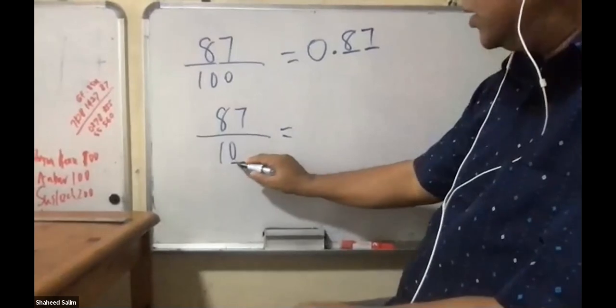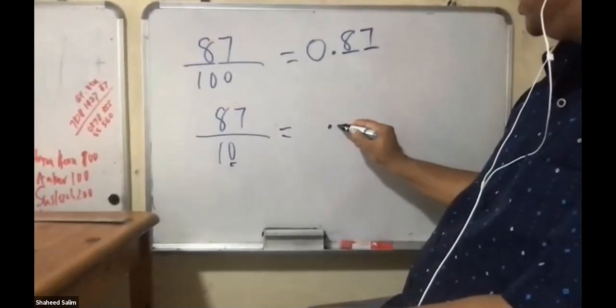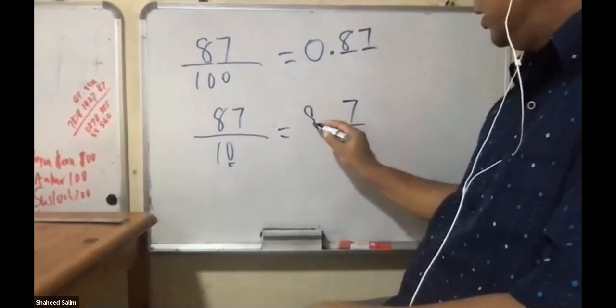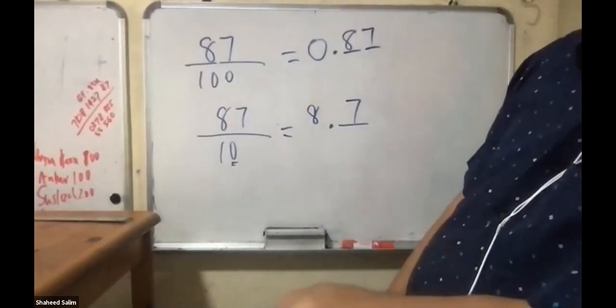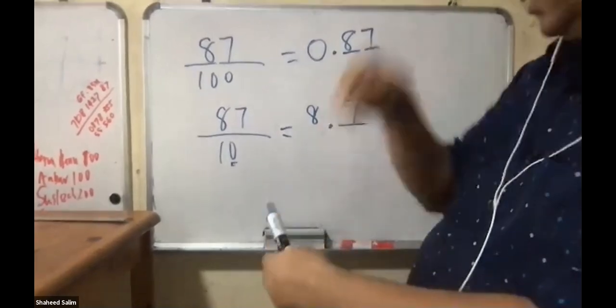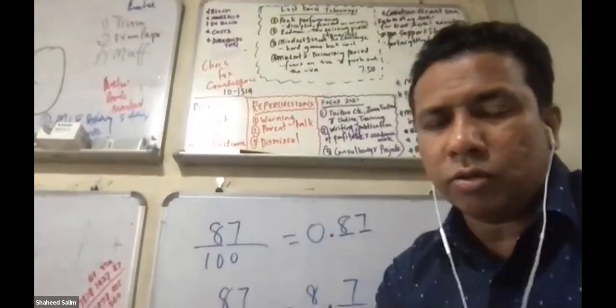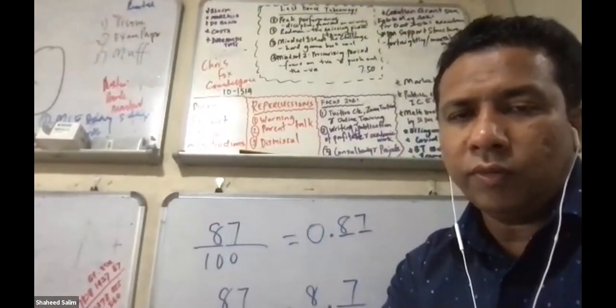Down here, 1 zero, put 1 space. Put 7 in the first one, 8 in the next one, 8.7. Do you get it? Okay, you got the answer already so fast. Well done. You are very fast, huh?